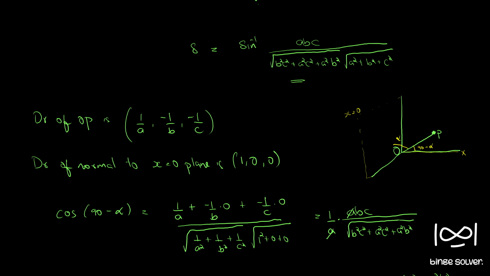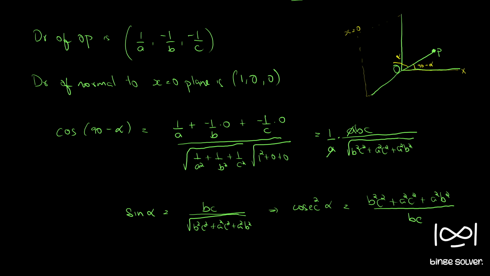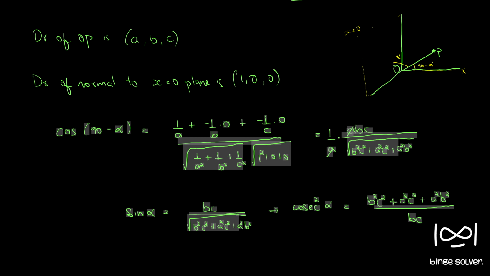I made a mistake here, sorry. The direction ratio of OP was a, b, c. I took the direction ratio of the normal to the plane as the direction ratio of OP. Sorry for wasting your time.